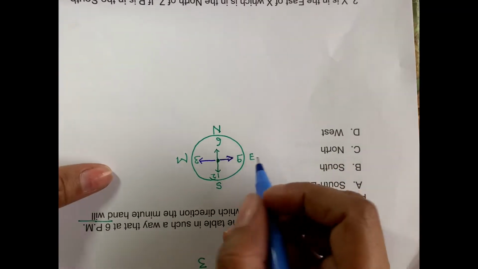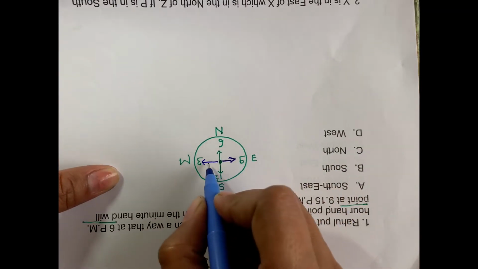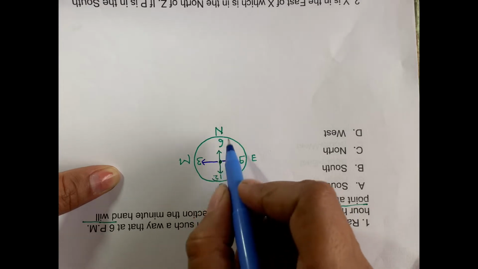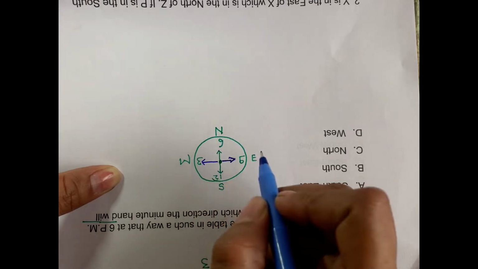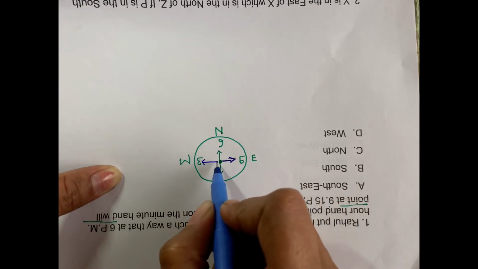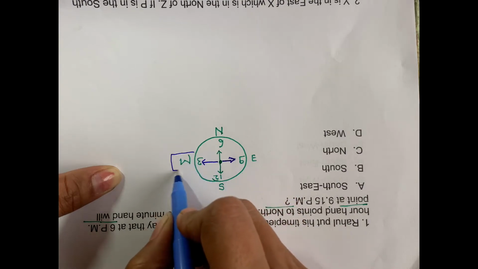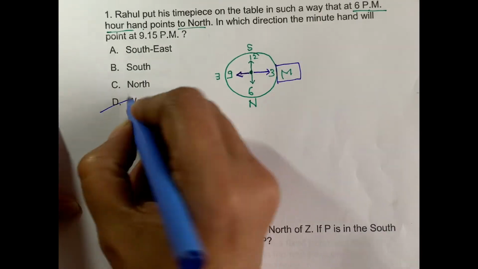Remember, they are asking about the minute hand. So at 9:15 the minute hand is this side. Since we have rotated it with north, south, east, west, the minute hand is in the direction of the west. So the answer should be west. Okay, next question.